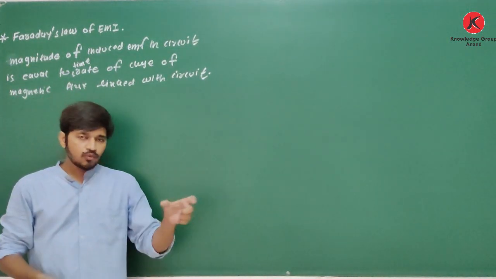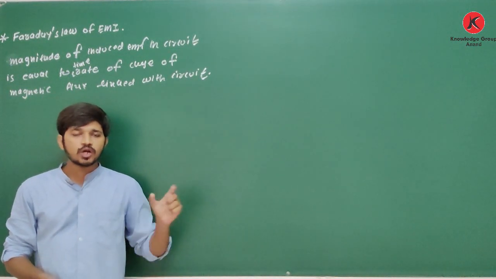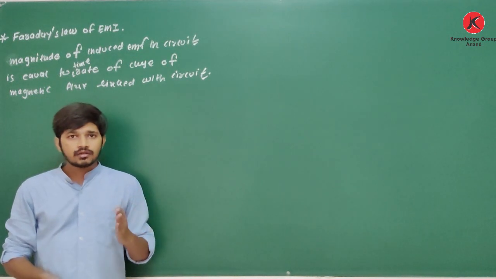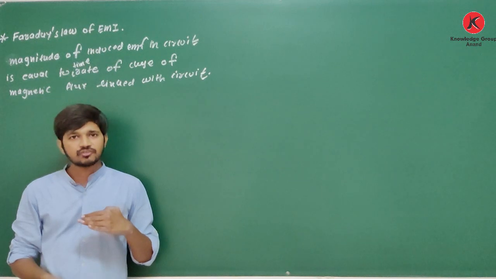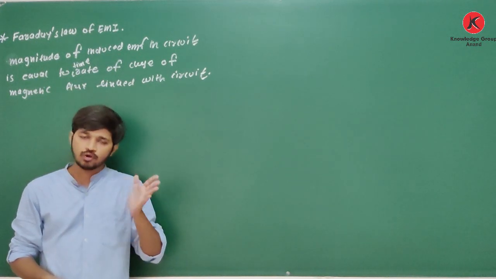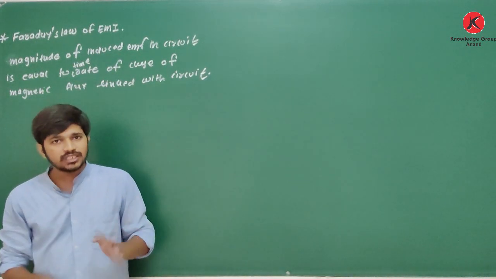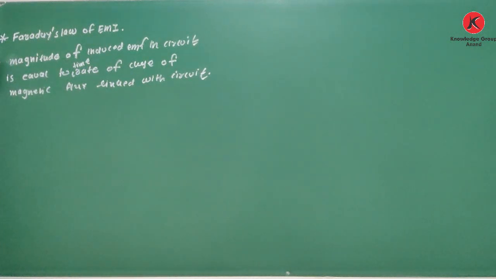Remember that point. When the magnet is moved faster towards or away from the coil, the galvanometer shows more deflection, means more current is produced, means EMF is also more. Clear about this? So yes, here the magnitude of induced EMF in a circuit is equal to the time rate of change of magnetic flux linked with the circuit, and it is indicated by E, average EMF.